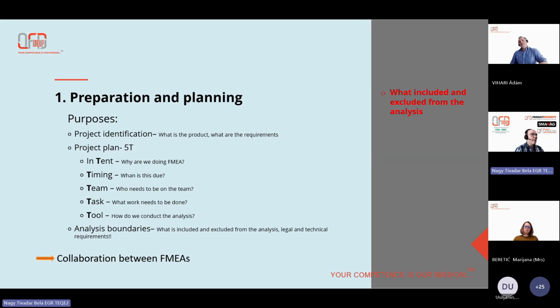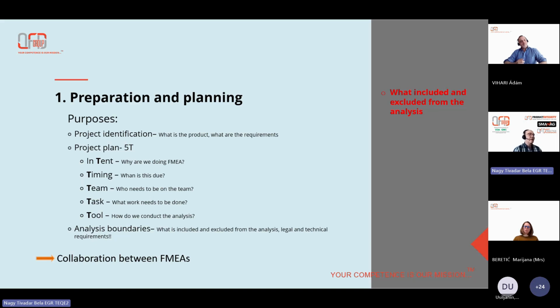The team: who will work on our analysis. It is a cross-functional team. In the team, we can speak of a core team and an extended team. The core team members always attend all meetings, and extended team members just as needed.